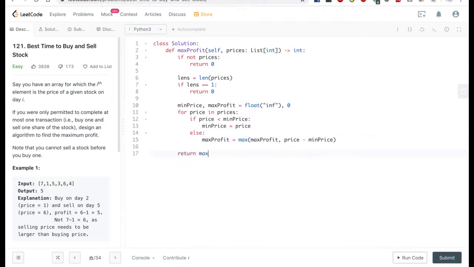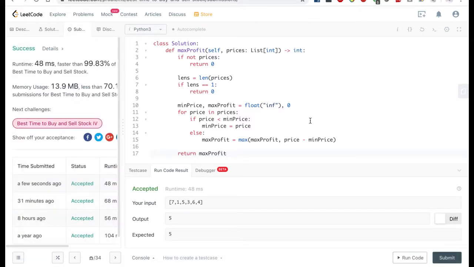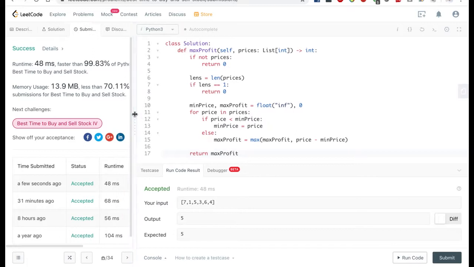Then we return max profit. Let's have a look. Okay, so that's good.